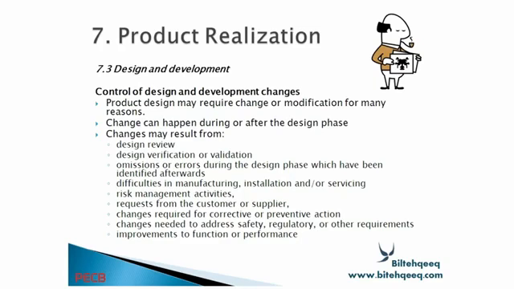Change may result from design review, design verification or validation, omission or errors during the design phase which have been identified afterwards, difficulties in manufacturing, installation, or sourcing, management activities, requests from the customer or supplier, change required for corrective and preventive action, change needed to address safety, regulatory, or other requirements, improvement to function or performance. So you can change the design if it is required due to any mentioned reason.